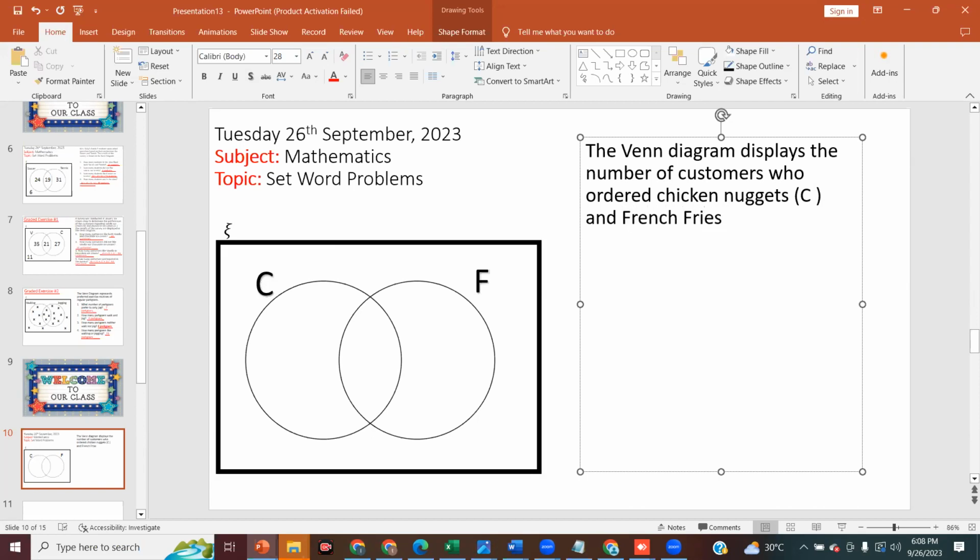So the F represents French fries. And we can say at Joe's diner, on a Saturday evening.